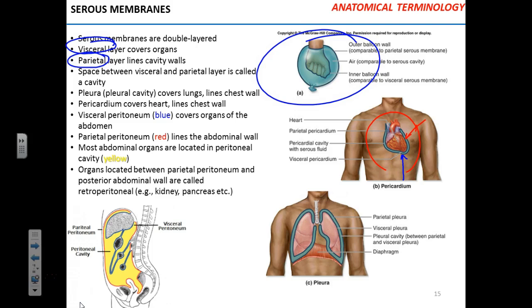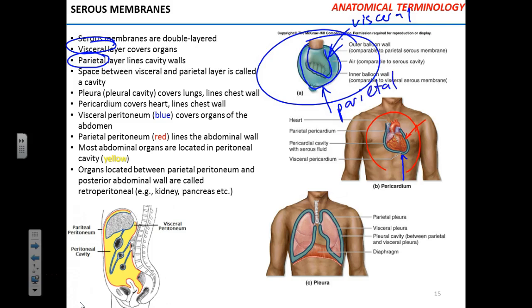right, with sort of rubber, okay? And there's a space between the layer that covers your fist and the layer that is sort of an outside from it, okay? This essentially would be visceral, and this would be parietal.